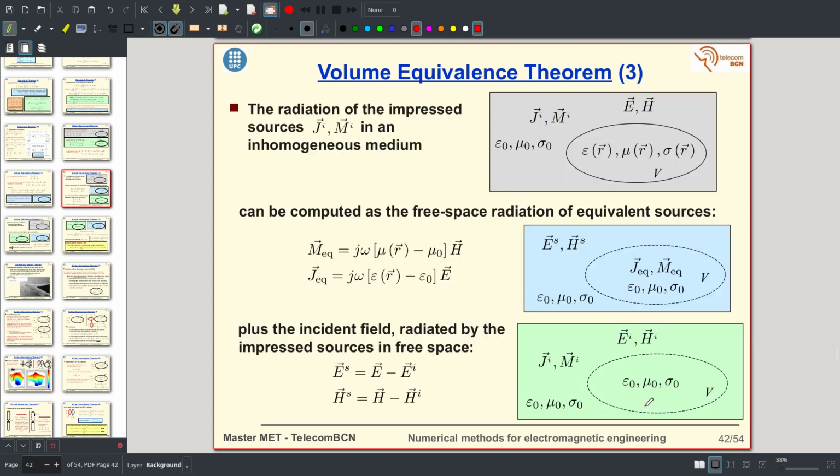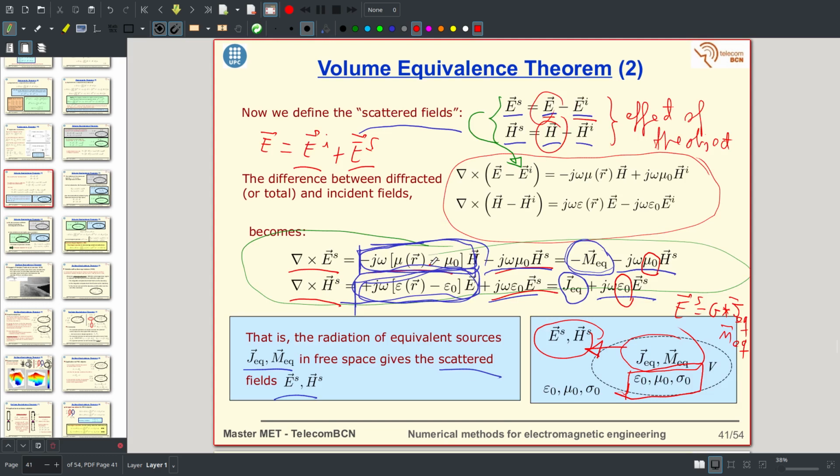So, we had a problem in which we have some impressed currents and some inhomogeneous object that together with the object produce some electric and magnetic fields, and we can split this problem in two. It is computed as the radiation of some equivalent currents defined in this way, and this definition comes from the term that we got in the previous slide, okay?